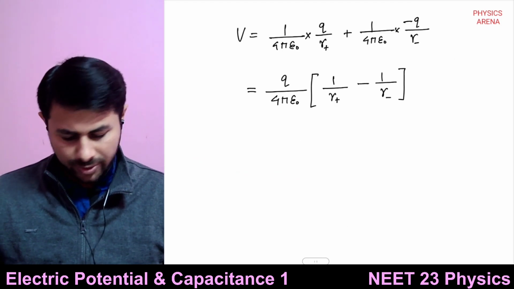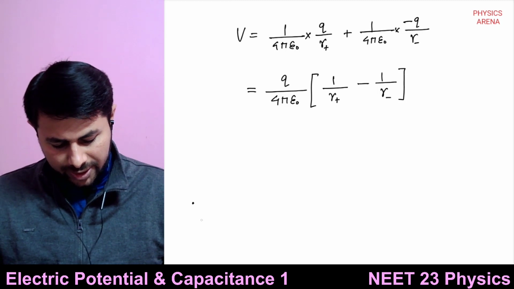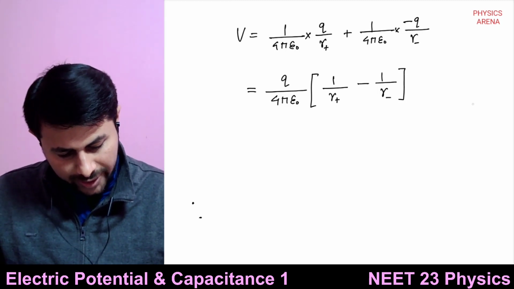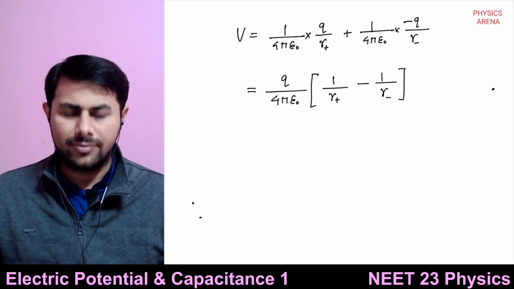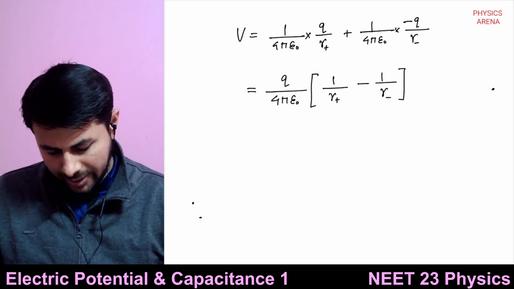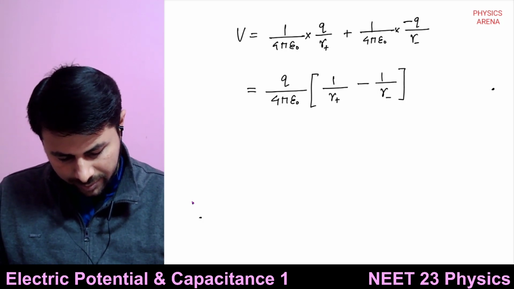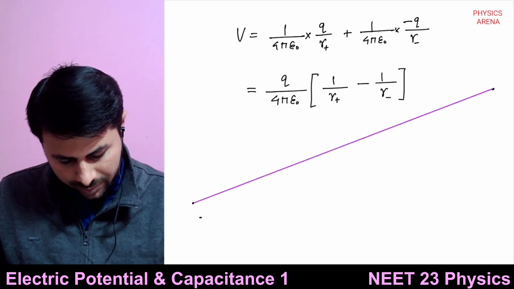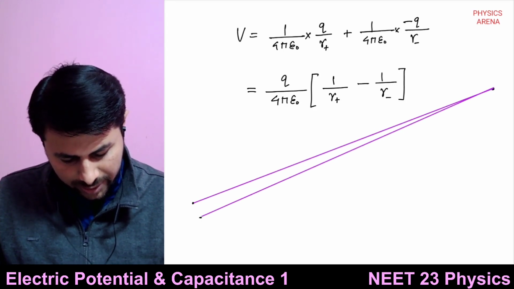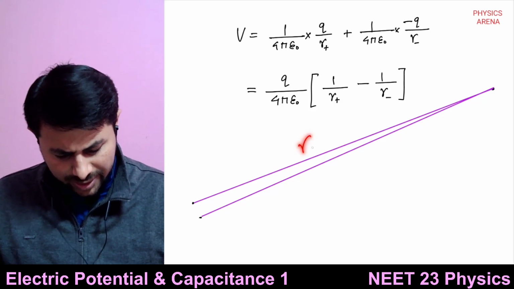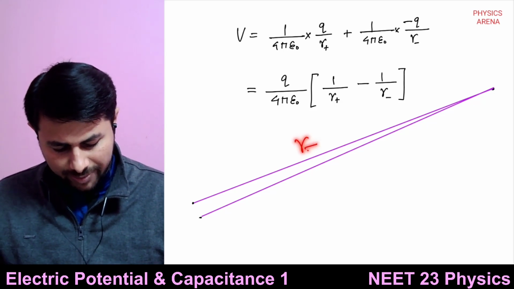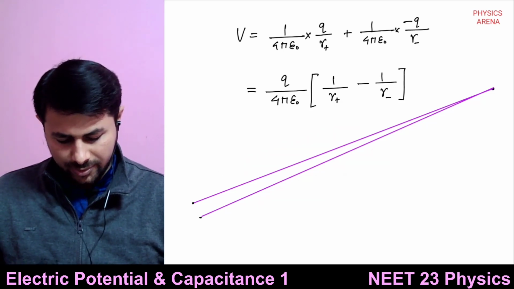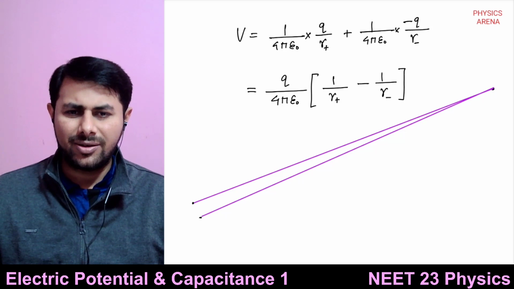For example, you take this point and this point. They are very close. Now you take this point, which is very far apart, and you join it with this point and this point. Can I say this distance, let's call it R minus, and this distance are almost equal?